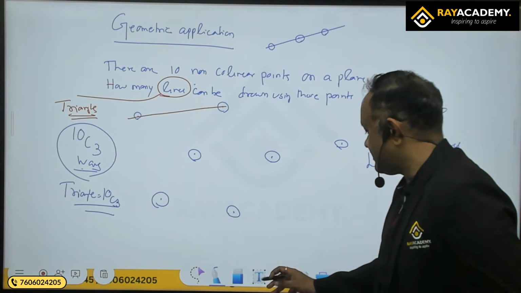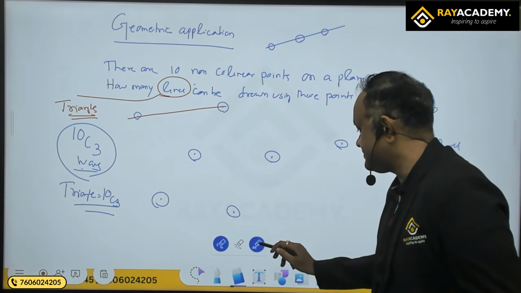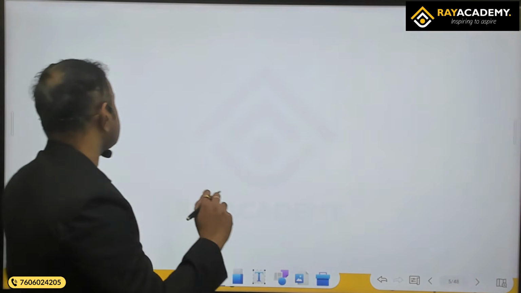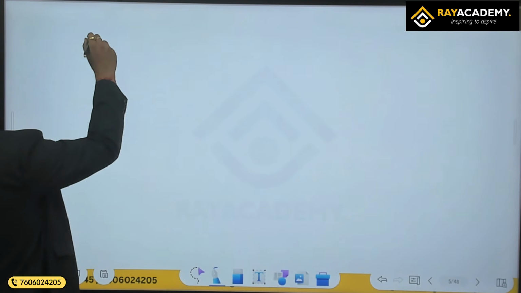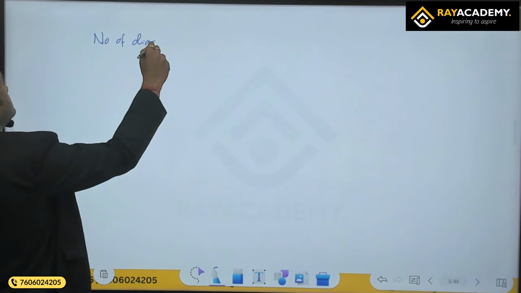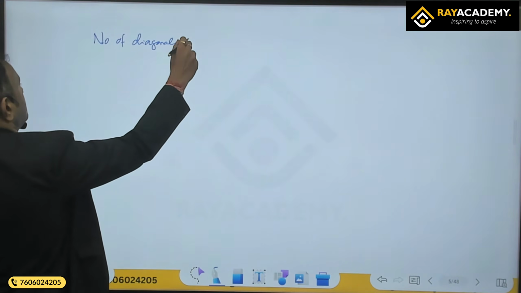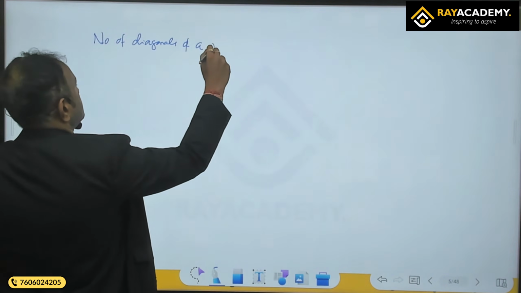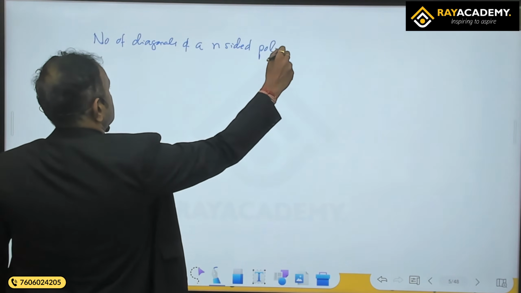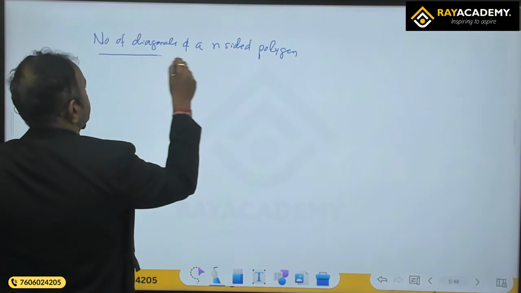Okay, next let us see diagonals. Number of diagonals of an n-sided polygon.